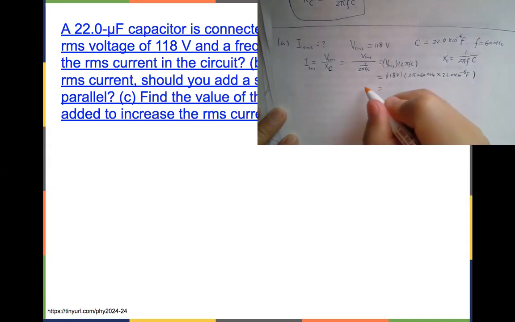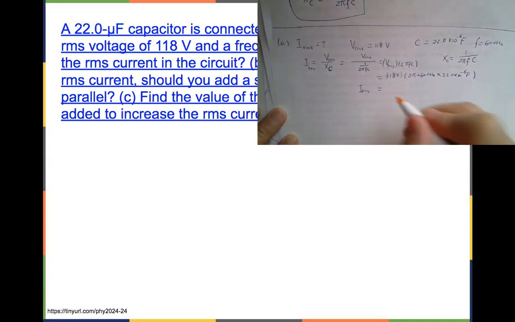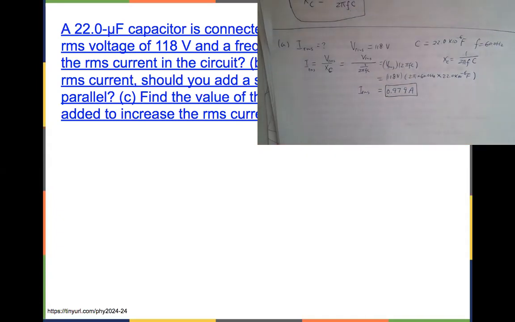So your IRMS then is equal to 0.979 amps, if I plug in everything correctly in the calculator.